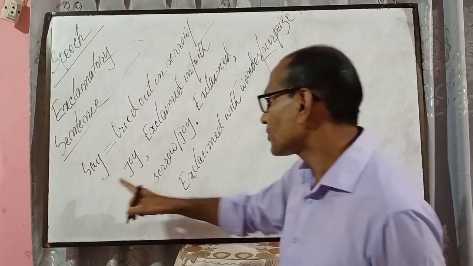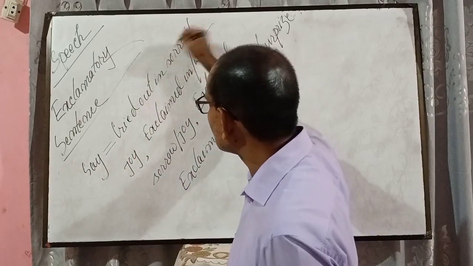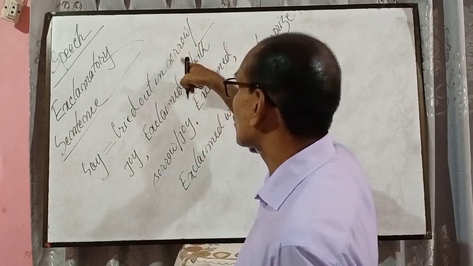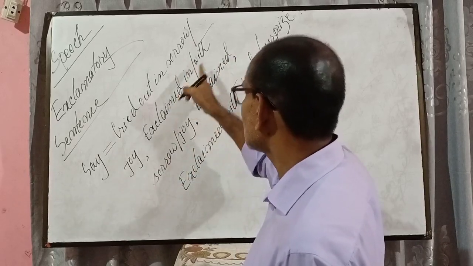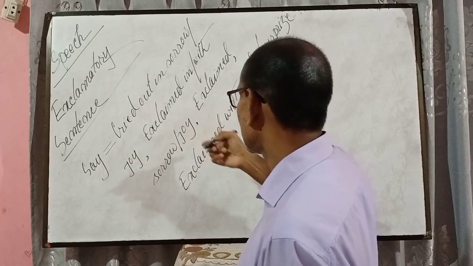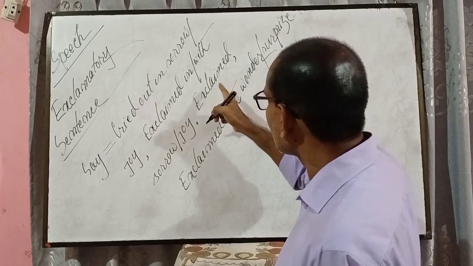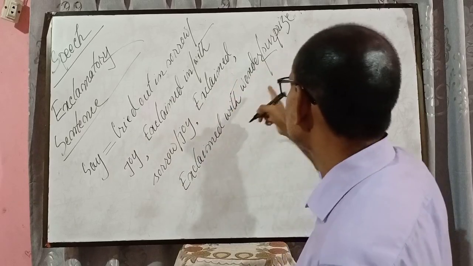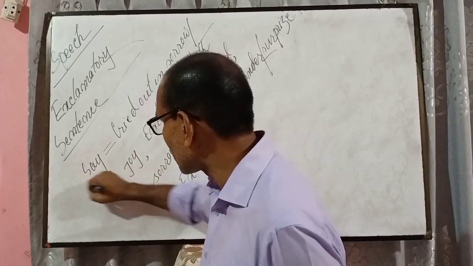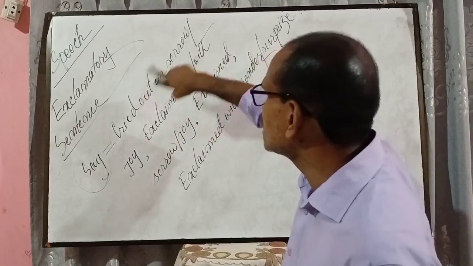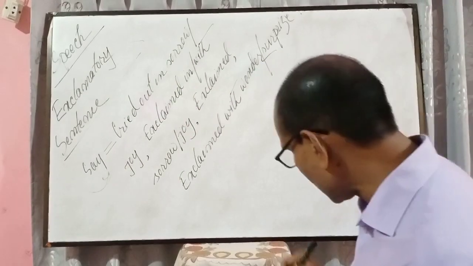So the say verb will be either cried out in joy or with joy, cried out in sorrow or with sorrow, or exclaimed in joy or with joy, or with sorrow or in sorrow, অথবা only exclaimed, অথবা exclaimed with wonder or surprise, or something like that. So you have to change the say verb into these verbs according to the meaning of the reported speech.